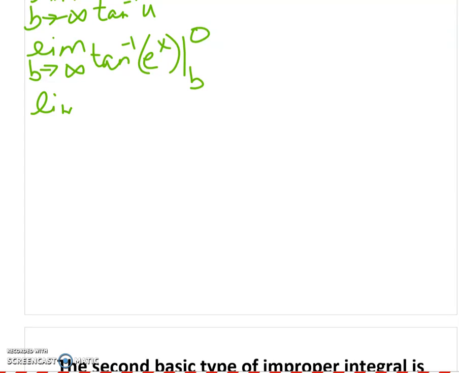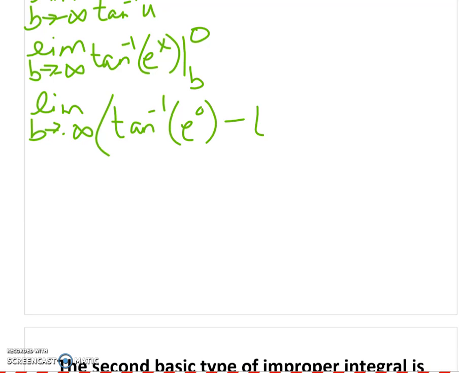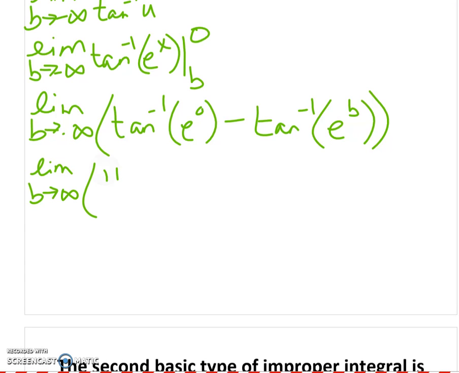The limit as b goes to negative infinity of inverse tangent of e to the 0 minus inverse tangent of e to the b. So e to the 0 is going to be 1, inverse tangent of 1, so that would be the angle that has a tangent value of 1, that's pi over 4, minus inverse tangent of e to the b.